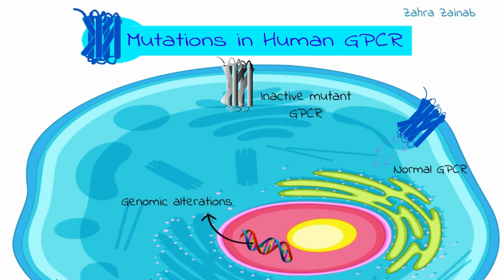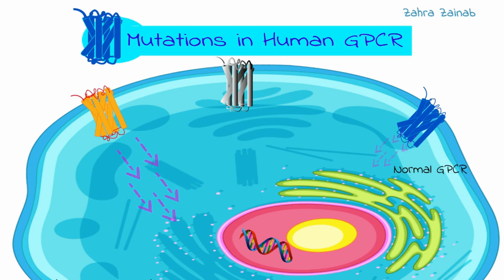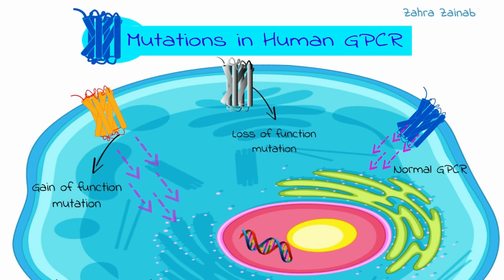Activating and inactivating mutations or genetic variations in numerous human G protein coupled receptors are associated with the disruption of GPCR function and result in a wide range of disease phenotypes. Mutations altering GPCR function are usually classified according to the net change in signaling ability.